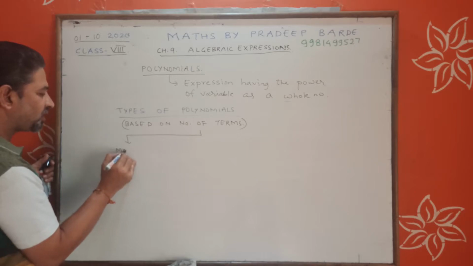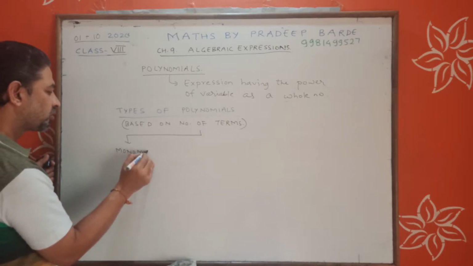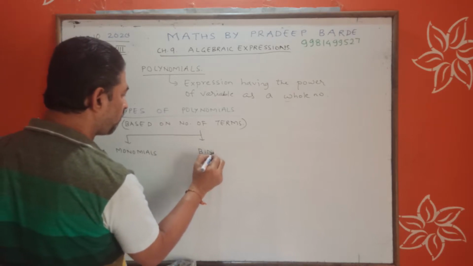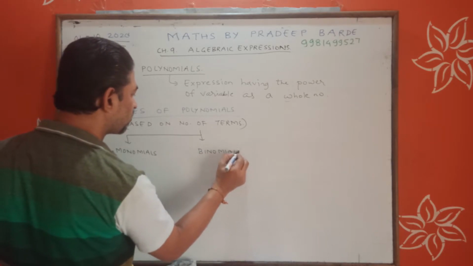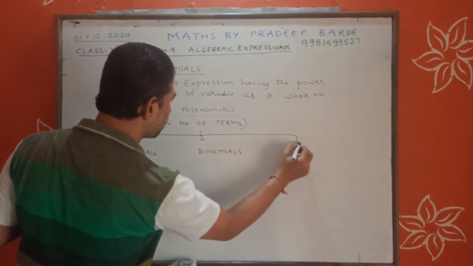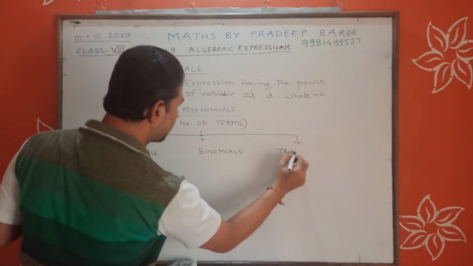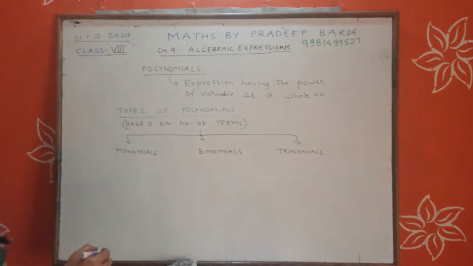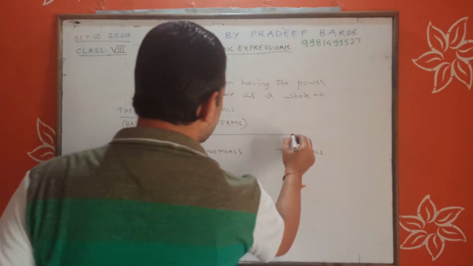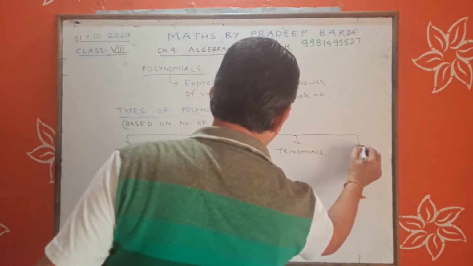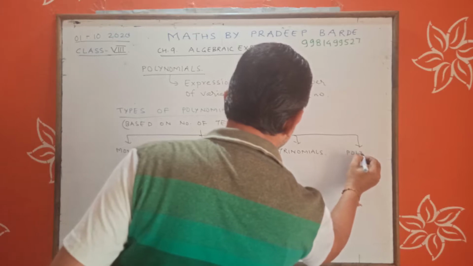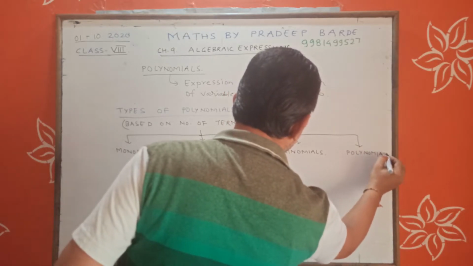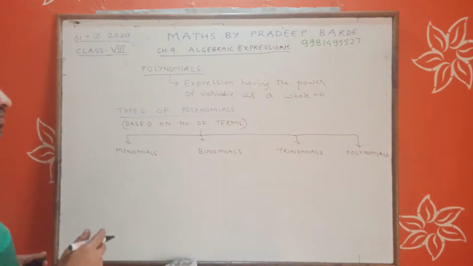We can classify them as monomials, binomials, trinomials, and containing more than 3 terms we term as polynomials.